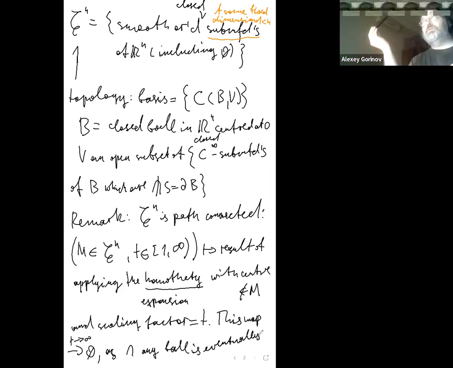Sorry, eventually empty. Well, constant, yes, but also empty. Okay, so the map is continuous, which means we can join every element with the empty set using a continuous path. Does this make sense?